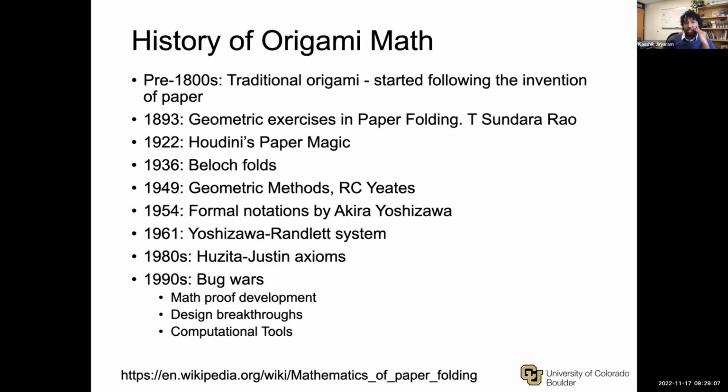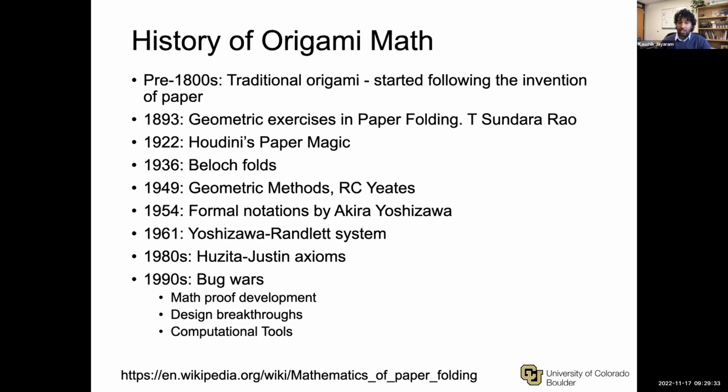And as I was mentioning, just a brief history. Wikipedia has really nice references and links to a lot of these. Most of the early recorded work is from the early 1900s, and some of the formal notations and definitions for thinking about origami structures started coming up around the 50s.